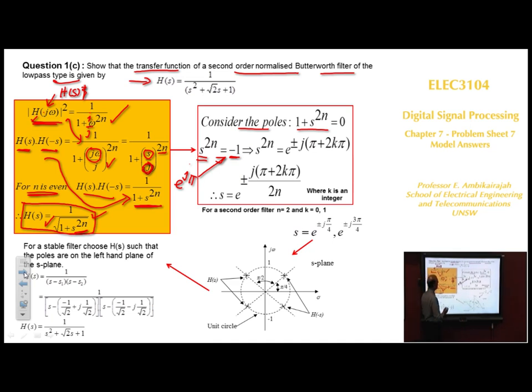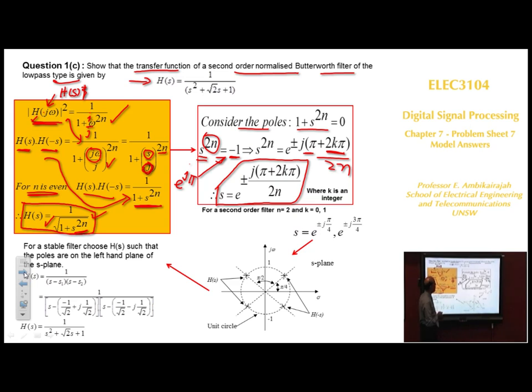Cos pi is minus 1. Plus and minus satisfies that, so you got both. You add 2k pi to get all the solutions. So you divide that by 2n, you get your s. That's your poles.